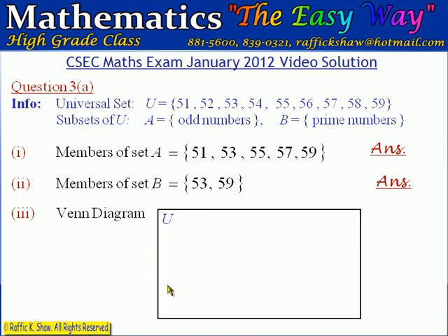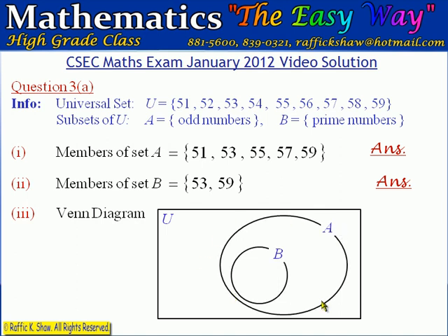Now first, we draw our rectangle to represent our universal set. And as I said, we have to draw a subset B within subset A, right? And to do that, we can draw our circles this way. That's set A, and then B is within set A, right?